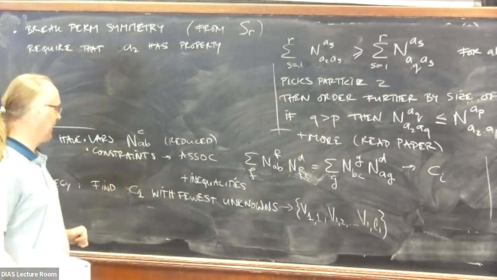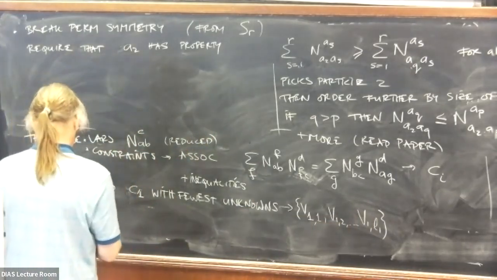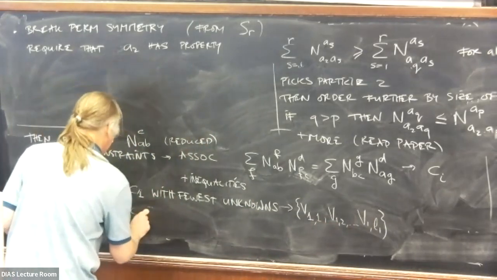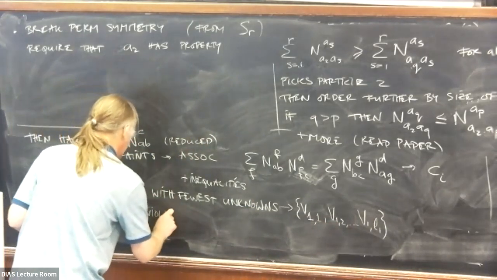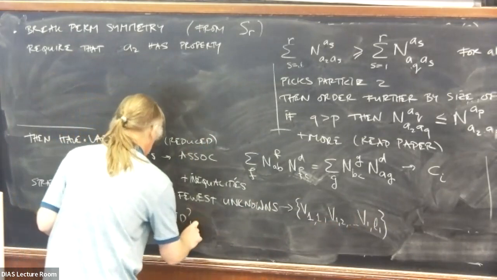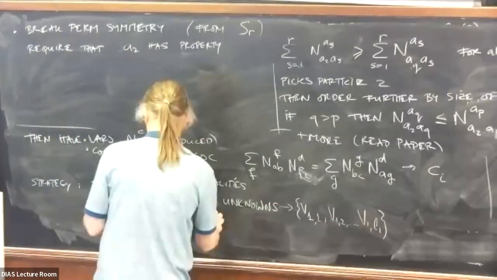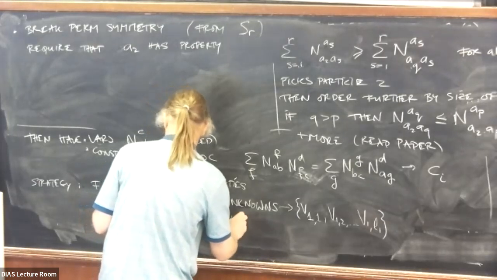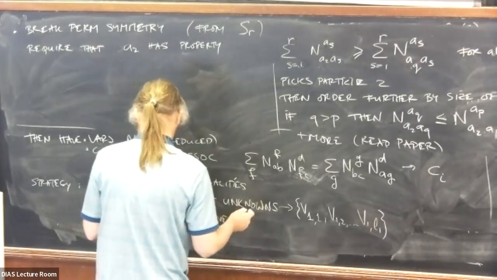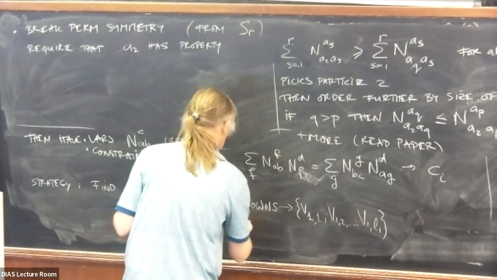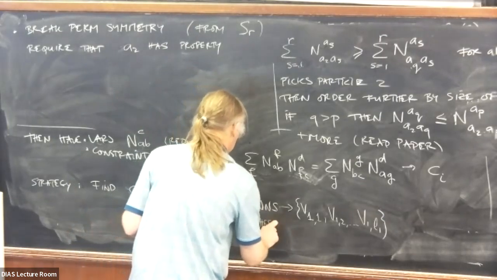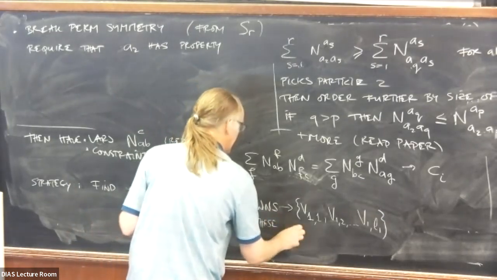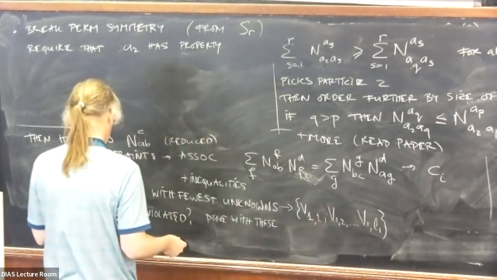So, okay. C1 is violated. Well, then we balance these at these particular values.